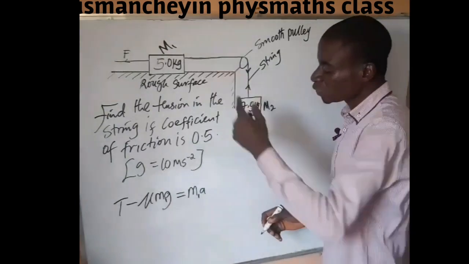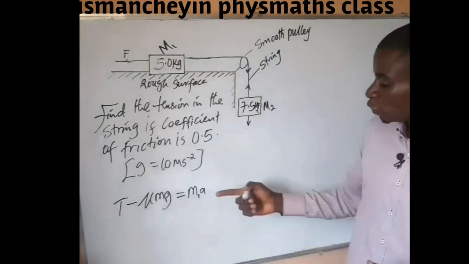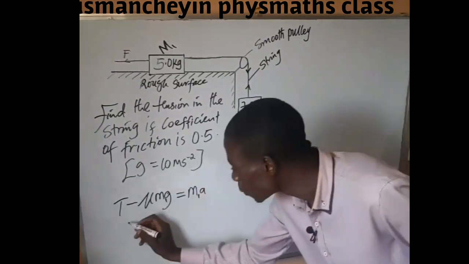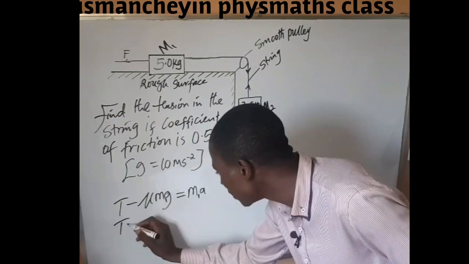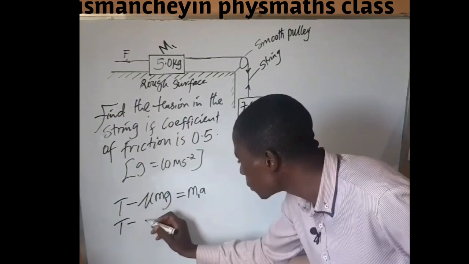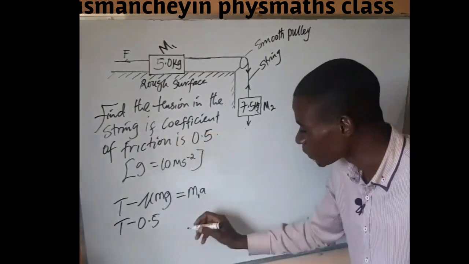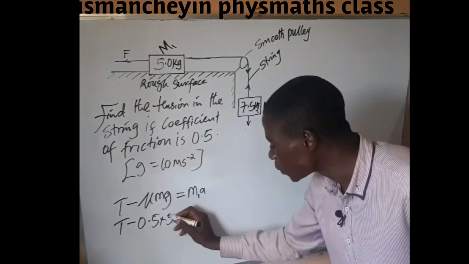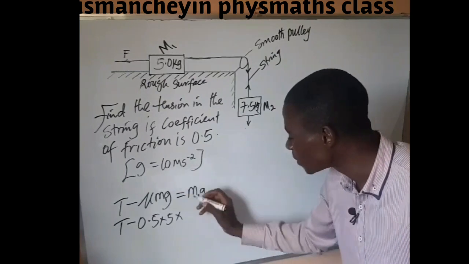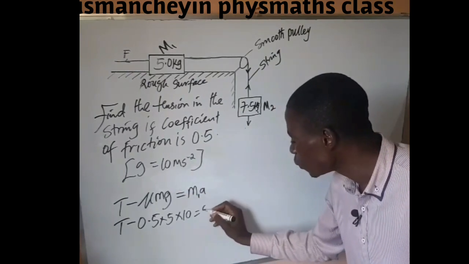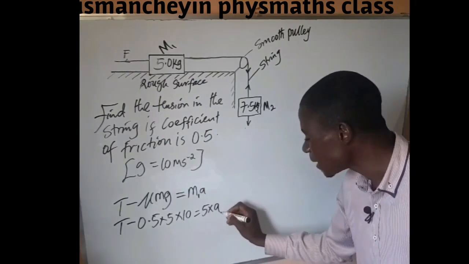Now we substitute the variables directly into our formula. So tension T minus mu, which is given as 0.5, the coefficient of friction, multiplied by the mass, which is 5, times g, given as 10, equals 5 multiplied by a.